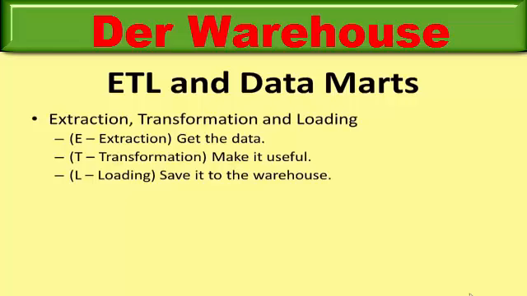So that's getting the data from the original database into the staging area. When it's in the staging area, we've got to transform it to make it useful. So we have to get all the data into the same format, pounds or names, surnames and titles. And then we have to load it into the data warehouse itself.